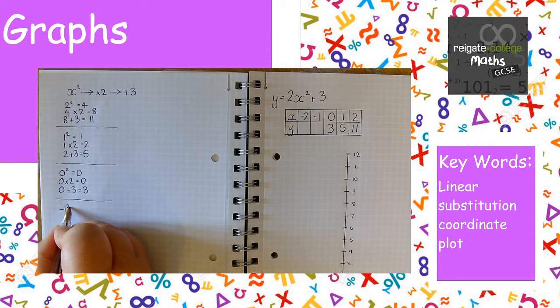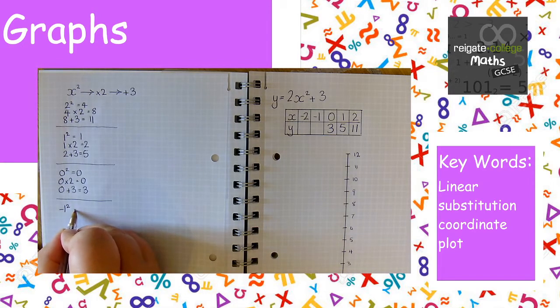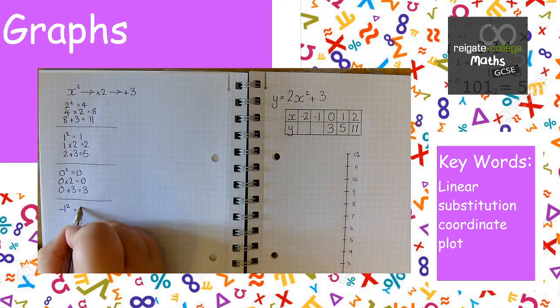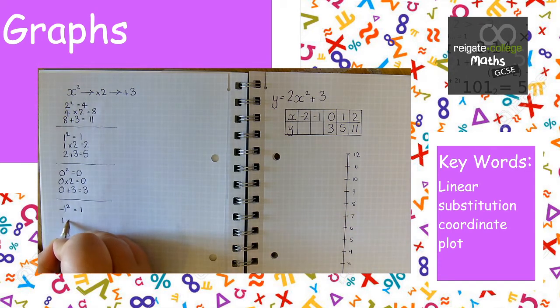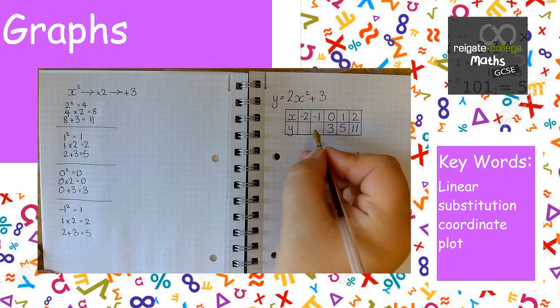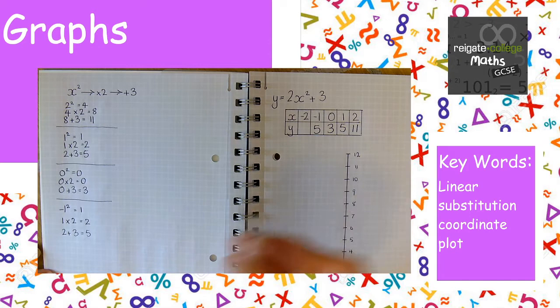If I square a negative number, my answer is going to be positive. So minus 1 squared is 1. Multiply the 1 by 2 gives me 2. 2 add the 3 gives me a value of 5. Where x is minus 1, y is 5.